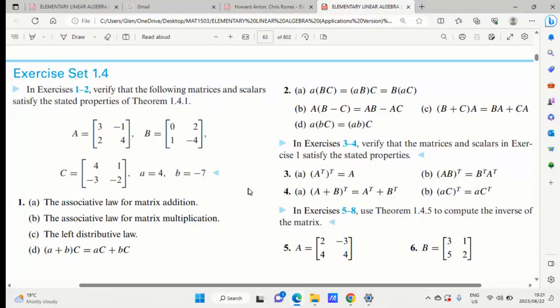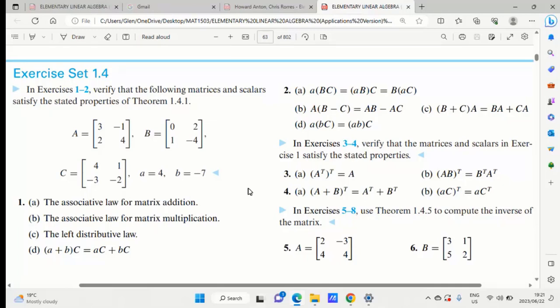Can anyone elaborate number B? Which one, 2B or 1B? 1B. Okay, we covered 1A, B, C, and D. Can someone explain to me, for me to understand number B, the associative law of matrix multiplication?